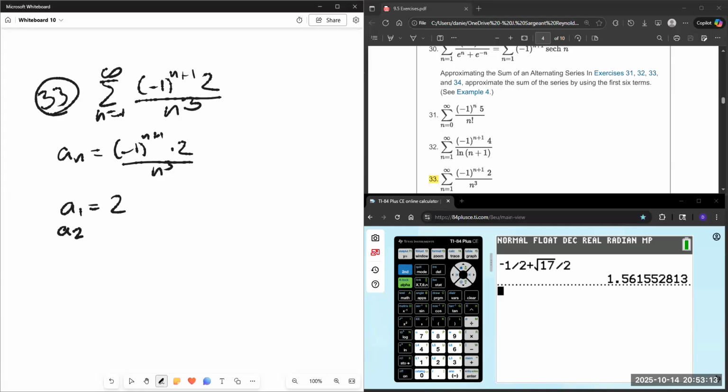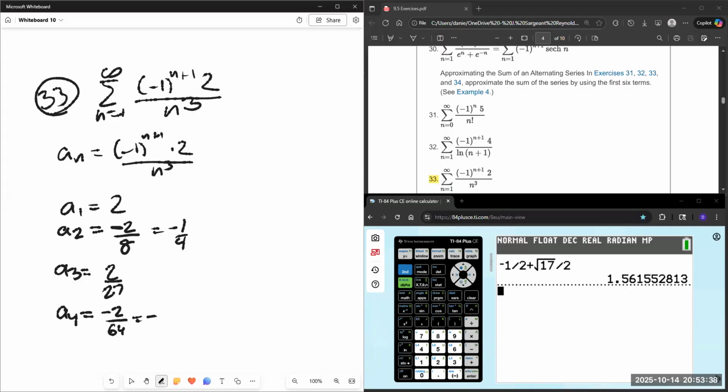a_2 is going to be an odd power, so that'll be negative 2 over 8, which is negative 1/4. a_3 is a positive power, will be 2 over 3 cubed, which is 27. a_4 is negative 2 over 4 cubed, which is 64.